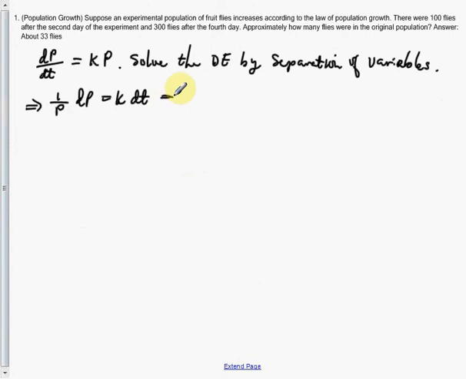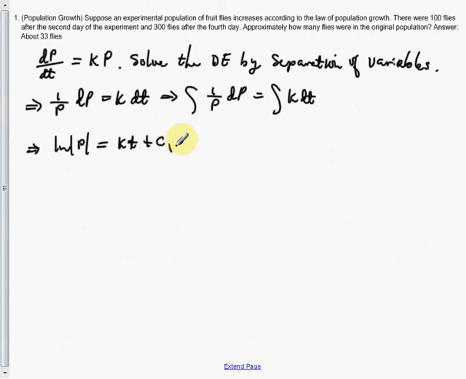We make use of the fundamental theorem of calculus, where if you have derivatives and you want to solve for their base form, we use the idea of an antiderivative, right? So this implies that we have the integral of 1 over p dp is equal to the integral of k times dt. Well, this implies that we have the natural log of the absolute value of p is equal to k times t plus a constant, let's call it c sub 1.